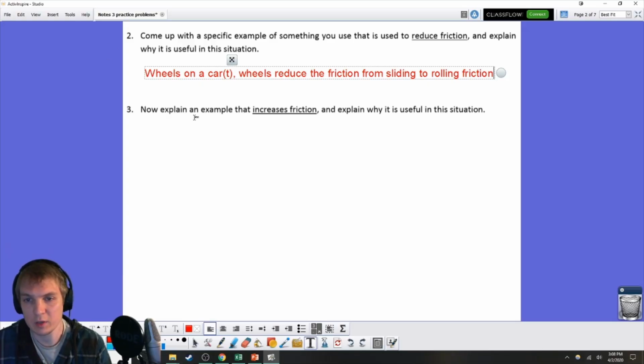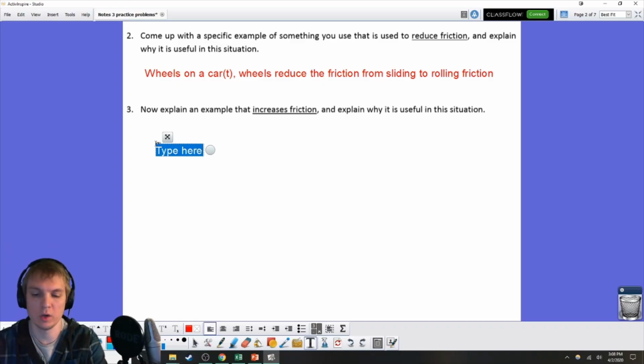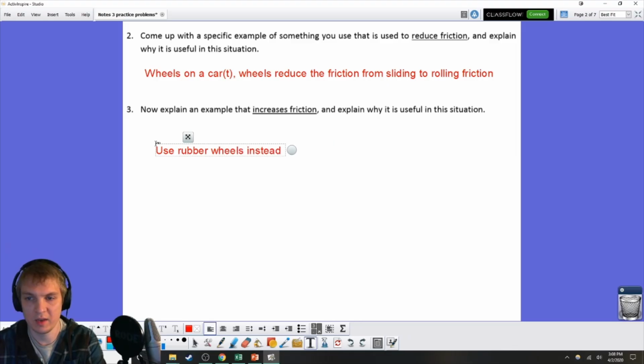Number 3 says, now explain an example that increases friction and explain why it is useful in this situation. So what we could do is use rubber wheels instead of steel wheels. Changing the material can change the friction.